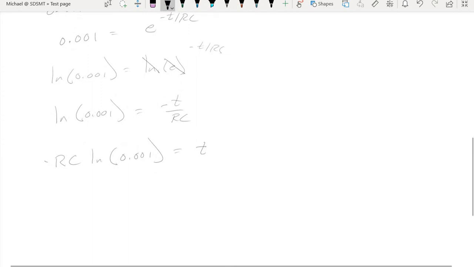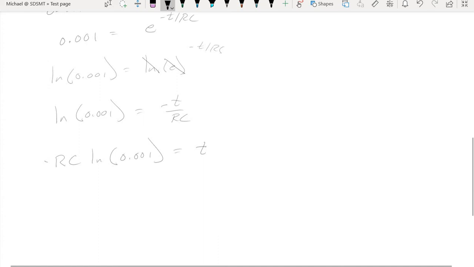Now, looking at that, you might say, well, that's not right. We can't have a negative time. But we haven't evaluated things yet. If you remember your natural logarithms, if you try to take the natural log of anything that is smaller than 1, you get a negative outcome.